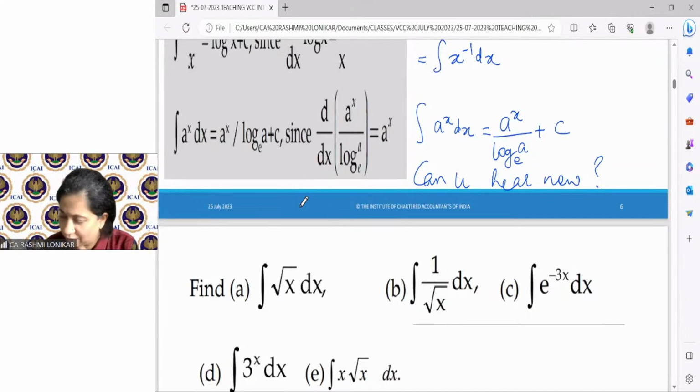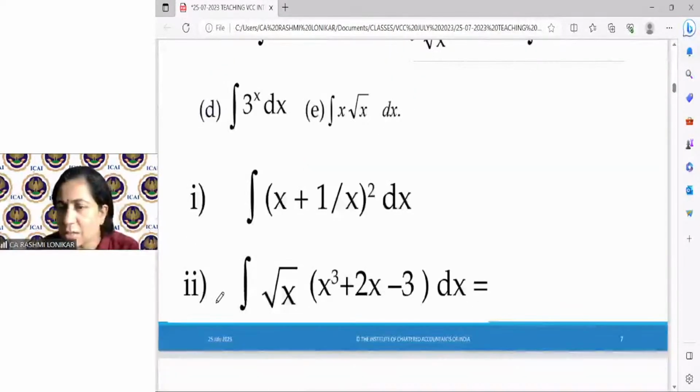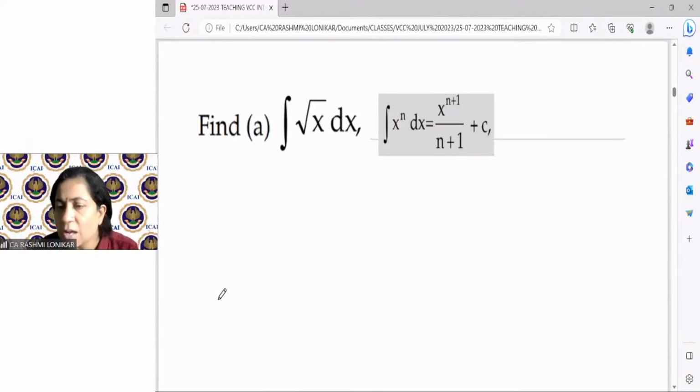Everything is fine now. Yes, thank you. Okay, now let us go to the sums. These are the sums from the textbook that I'm taking. What I recommend is that whenever you're solving the question, just write the question also. We have this usual habit of just reading the question and solving it in the notebook or on a piece of paper.